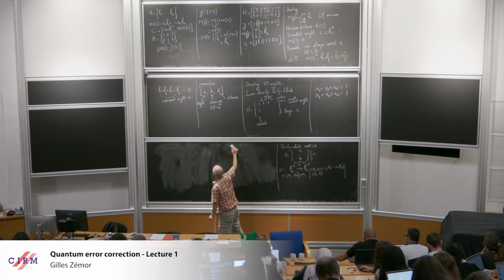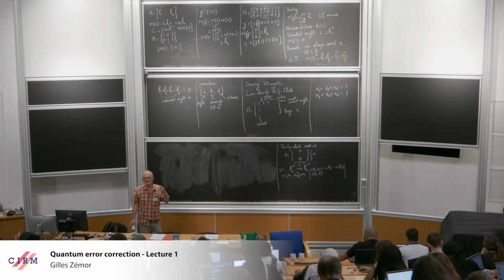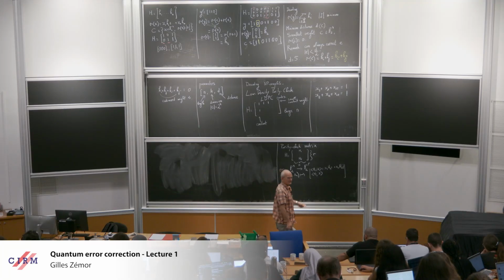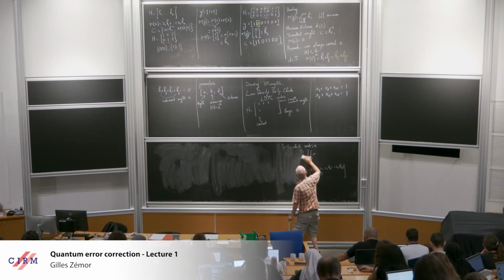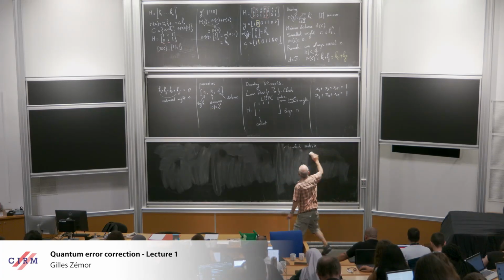So LDPC decoding is typically suboptimal, but it does a great job of correcting typical errors, not worst case errors, which you would want if you want to go from NP complete to polynomial.